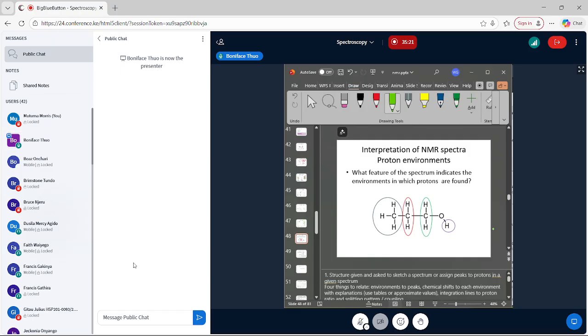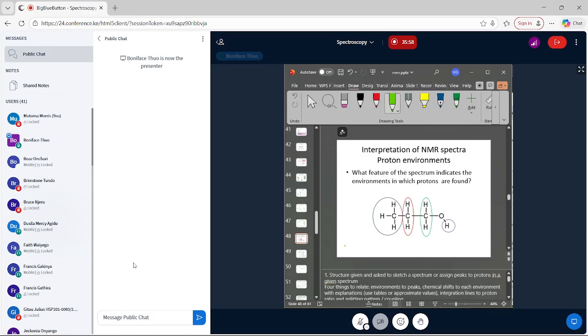Okay, so that helps you to refer to them. So if you look at propanol, for example, we have 4 different chemical environments. And therefore, if we are to get an NMR spectrum from this compound, we would expect 4 major peaks. Of course, the major peaks may be split due to coupling.